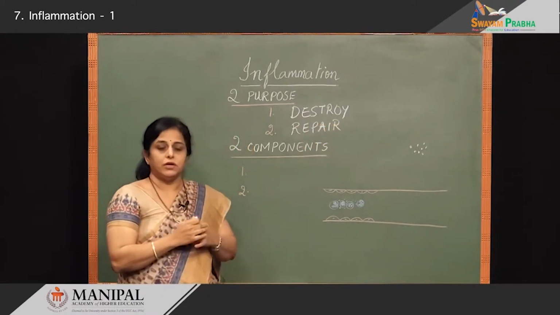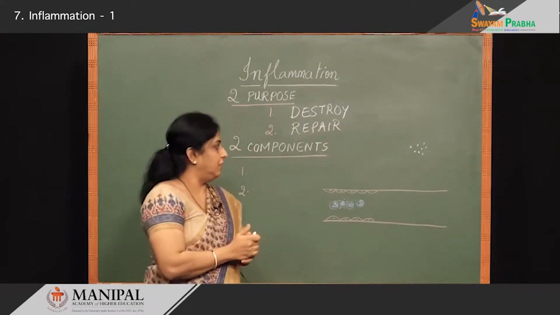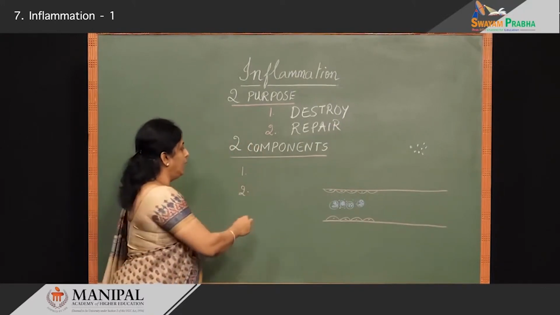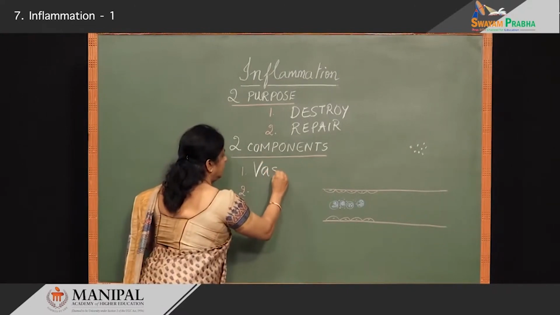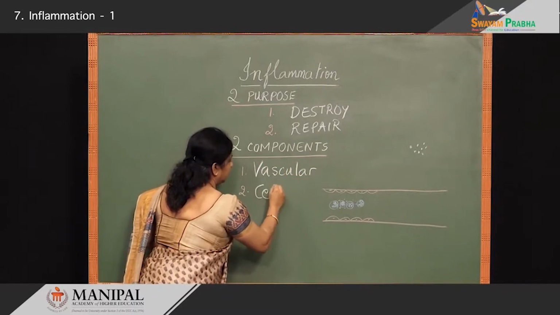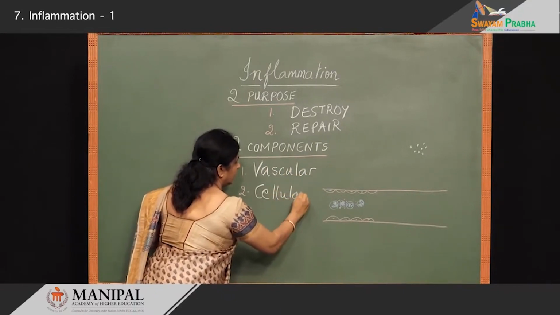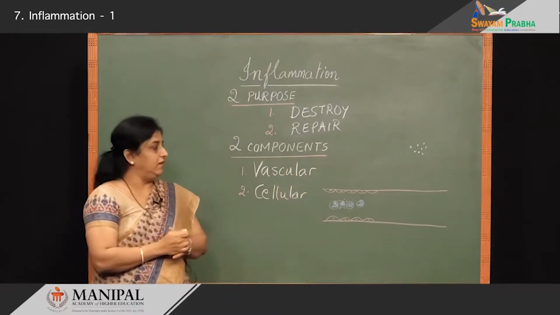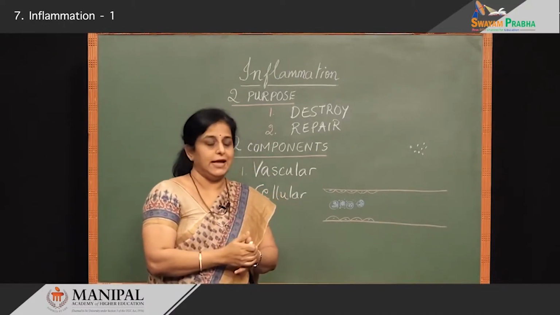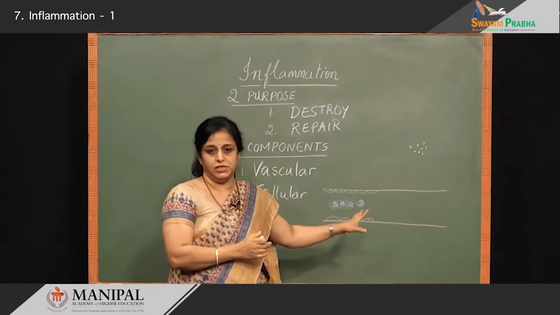Then we learnt about the tissue reaction that happens in case of inflammation. We learnt that there are two important components. Number one being vascular, and number two is cellular. So, under the vascular events, we learnt that initially in response to the injurious agent, the blood vessels show some changes.